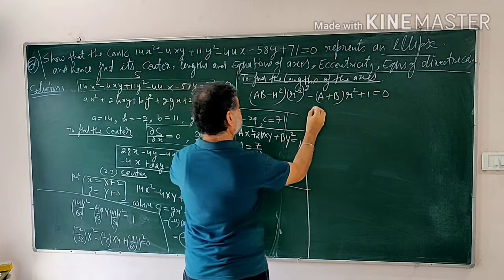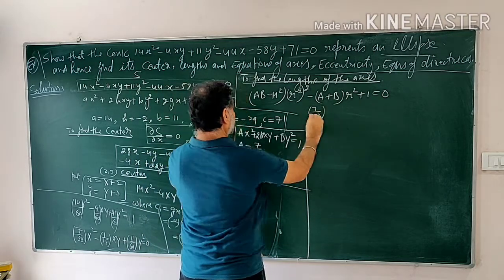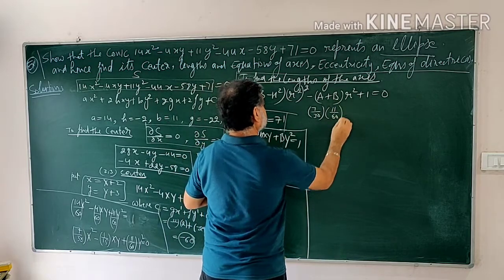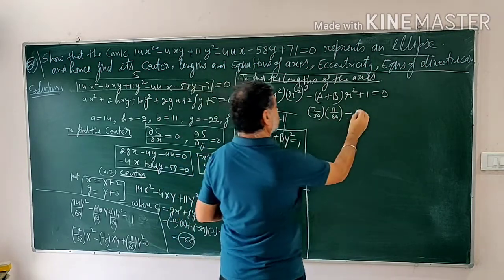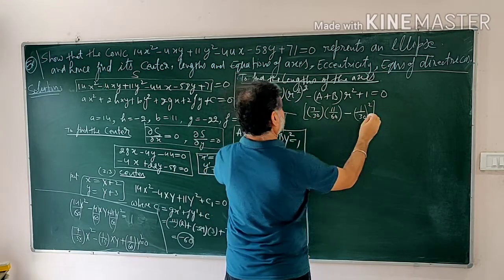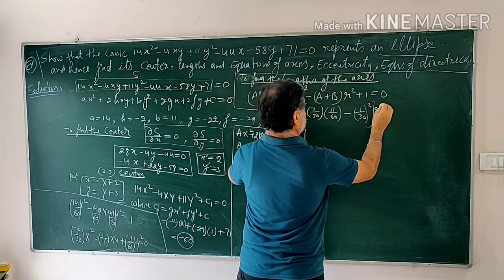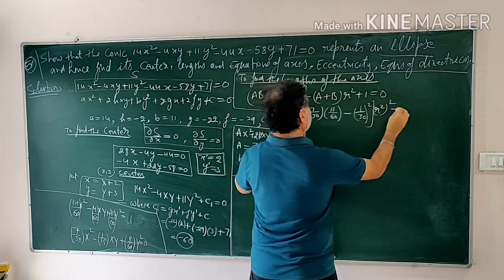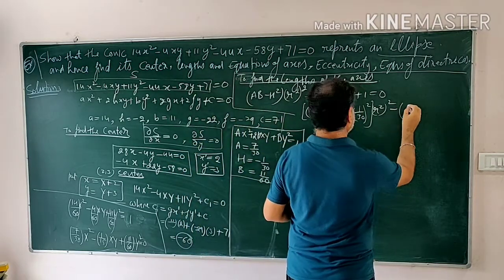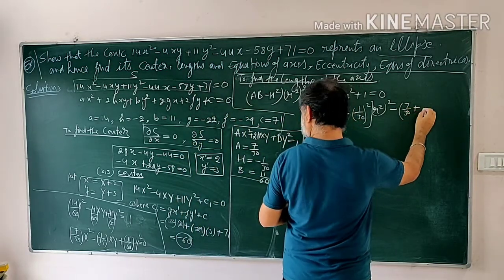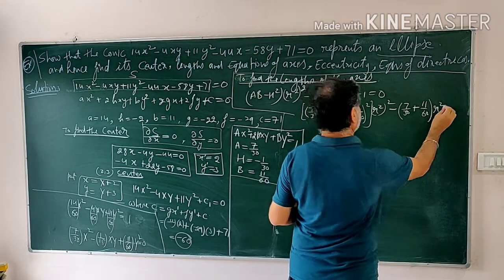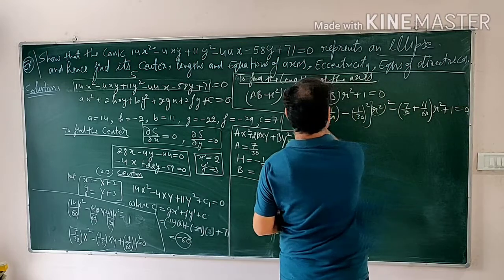A is equal to 7 by 30 and b is 11 by 60, h square is 1 over 30 square. So the equation is (ab minus h square) r to the power 4 minus (a plus b) r square plus 1 equal to 0, where a plus b is 7 by 30 plus 11 by 60.